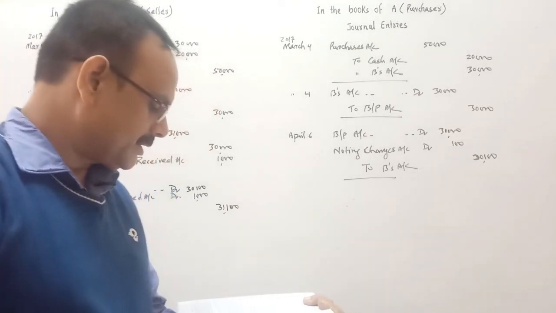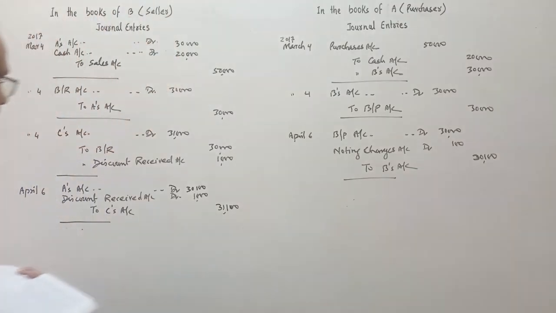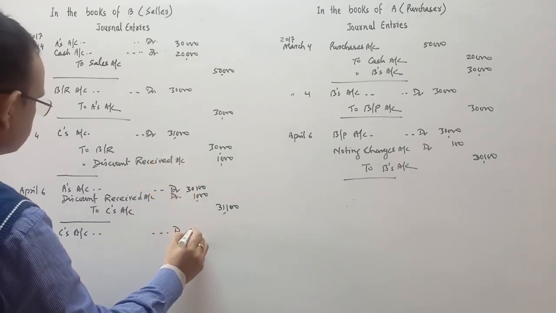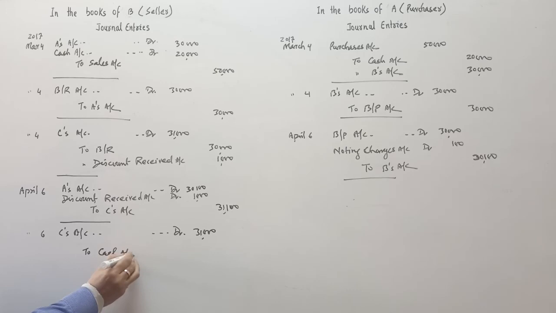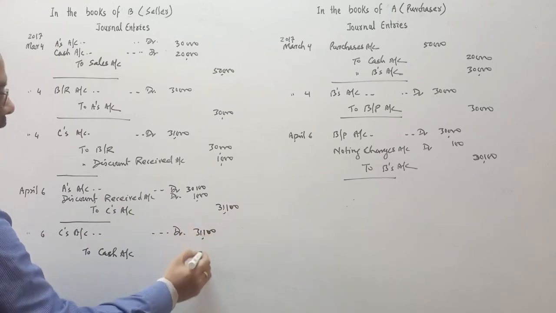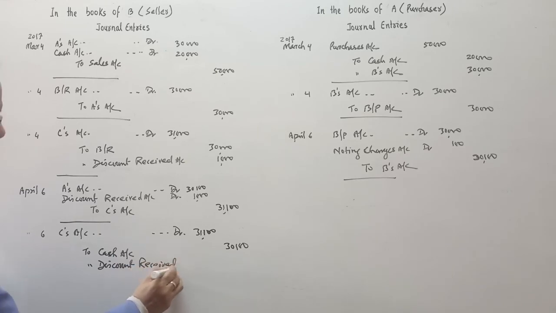So B settled his debt to C. So C's account will be debited 31,100 to cash account 30,100 to discount received 1,000. Discount received is 1,000.